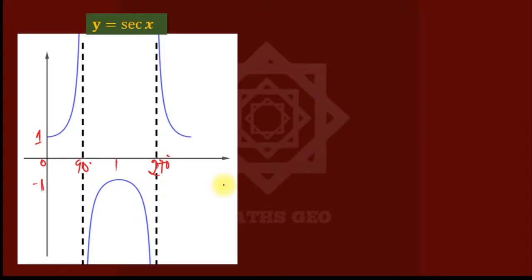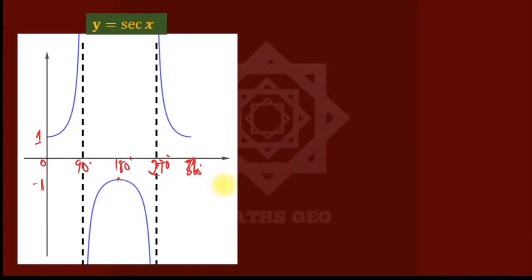So here is 180, that's where it is negative. This is 360. So each time, once you are able to plot the graph of cos, you can get the graph of sec.